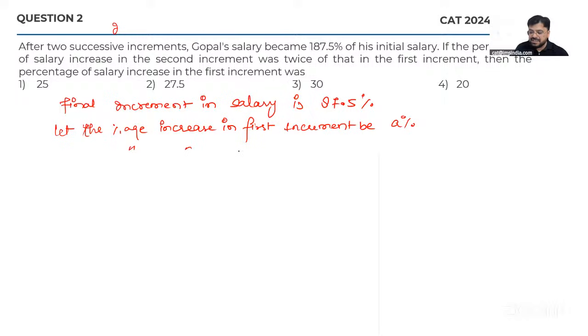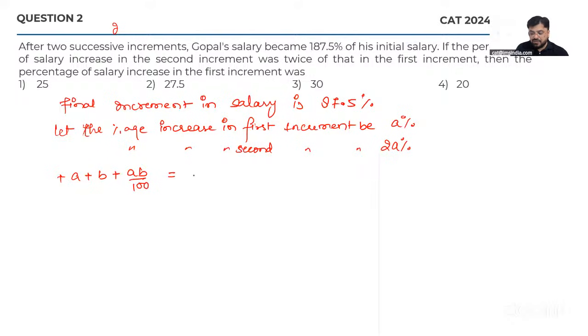The percentage increase in the second increment would be 2a%. Now, when these are two successive increments, we can directly calculate the net change by a formula, which is plus minus a plus minus b plus minus ab by 100. Because both are increasing, we'll put the positive signs. It is a plus b plus ab by 100.